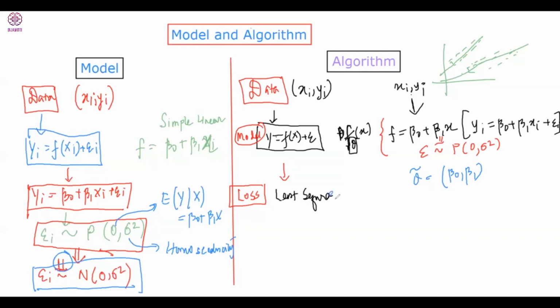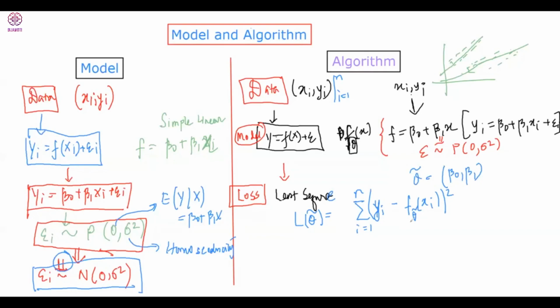So what we do, we have the least square. The least square is actually L of theta. It's a loss function. In this case, it's the summation of yi, the data, i from 1 to n, say the n data points, yi minus f theta of xi, whole squared. It's the sum of the squares of the errors that we have observed versus the expected.